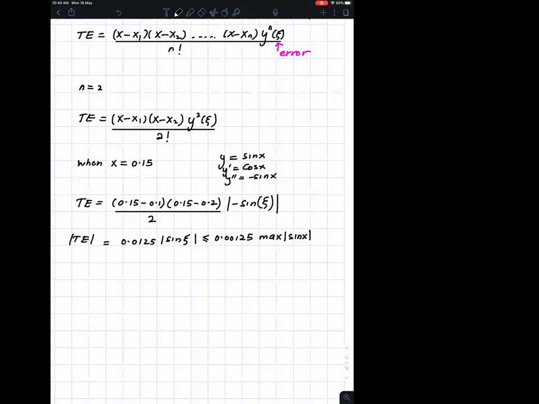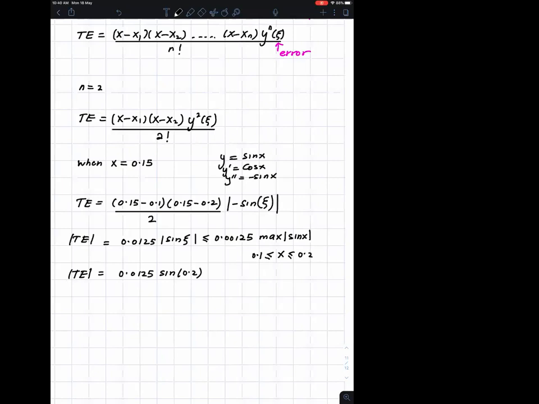And please note that x is in between 0.2 and 0.1. The truncation error is 0.0125 multiplied by sine 0.2.